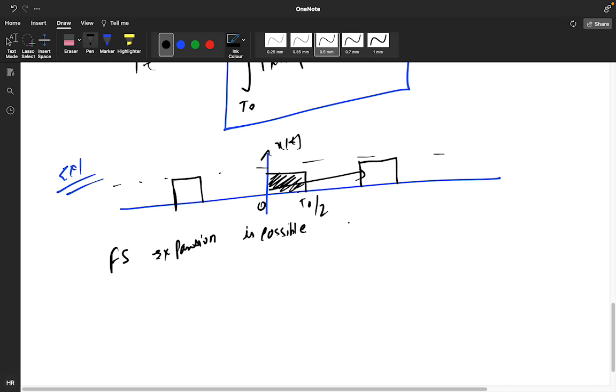Why possible? Because we get a finite area, that is absolutely integrable.